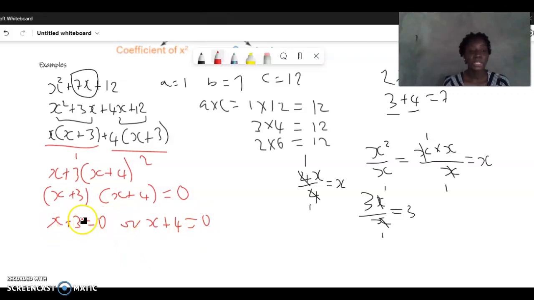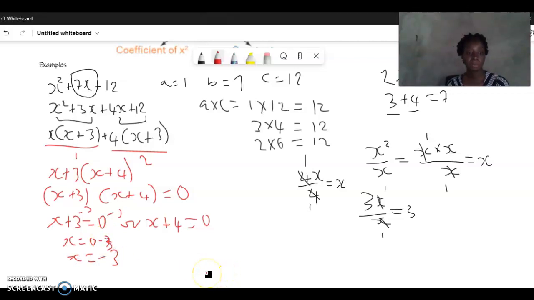Subtracting 3 from both sides, I'm solving for x at this point. 3 minus 3 is 0. So therefore I can say that x is equal to 0 minus 3, or simply that x is equal to negative 3.